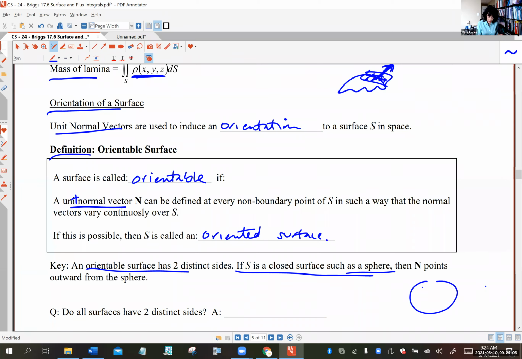So if you looked at a sphere, you can look at a whole bunch of little teeny tiny unit normal vectors sticking out of it. These are all n's, and it is orientable. On the other hand, take the same sphere, but let's say you wanted to orient it inward. So you could take all the unit normal vectors to the sphere that point inward, because the sphere does have two distinct sides to that surface.